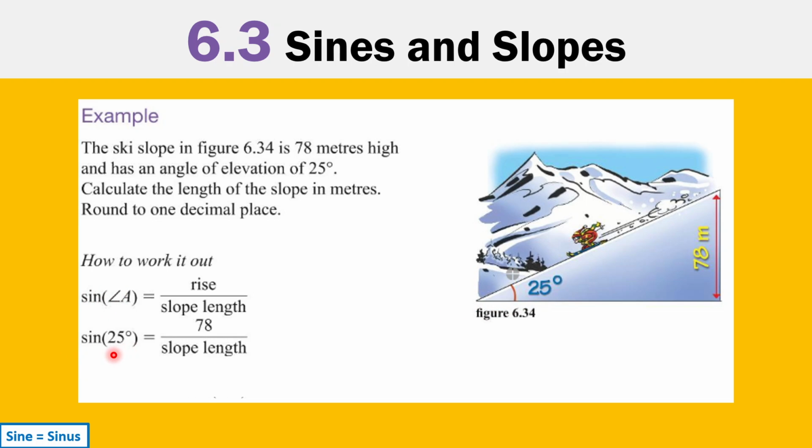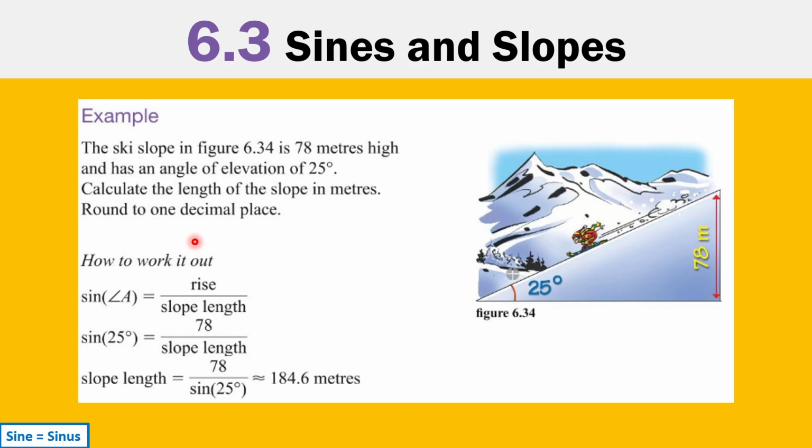I now find the sine of 25 degrees equals 78 divided by the slope length. And remember, this is just a number, and here I have a variable. Remember the first paragraph, we can now calculate this by dividing 78 by the sine of 25, and then I find approximately 184.6, rounded to 1 decimal place.